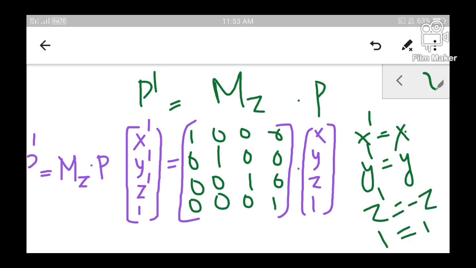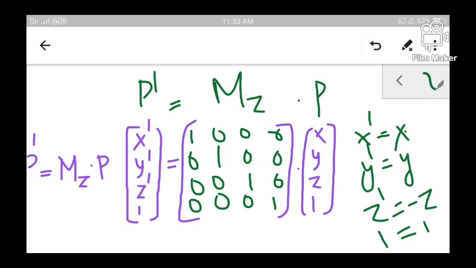That means there are no parameters related to x and z. Only y is there. So to get y as the answer, y should be multiplied to 1 and all other terms should be multiplied to 0. So except y, all other terms will be multiplied to 0. That is 0 into x plus 1 into y plus 0 into z plus 0 into 1.